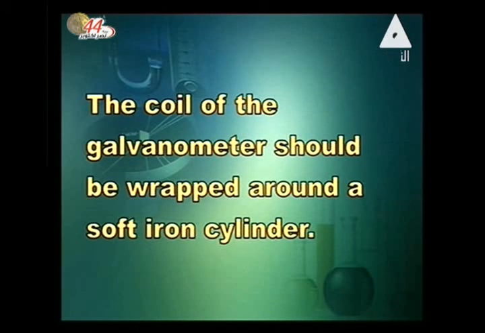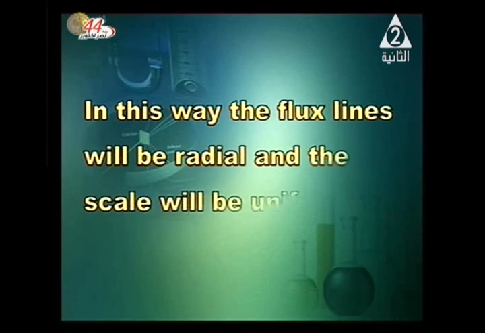The coil should be wrapped around a soft iron core to produce radial magnetic flux. In this way, we will obtain a uniform scale. So the coil of the galvanometer should be wrapped around a soft iron cylinder. In this way, the flux lines will be radial and the scale will be uniform.